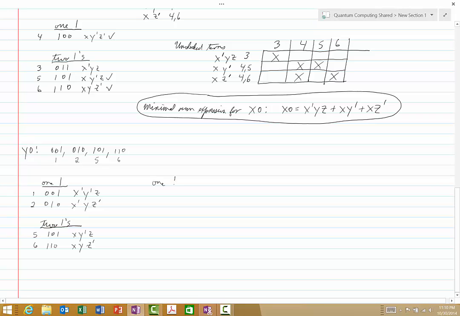So we come to the second column now. What about 1 with 5? We expect that to work because 1 is smaller than 5, and the difference between 1 and 5 is 4, which is a power of 2. Notice that they differ only in the x position, so that will drop out, and we should be left with y prime z.